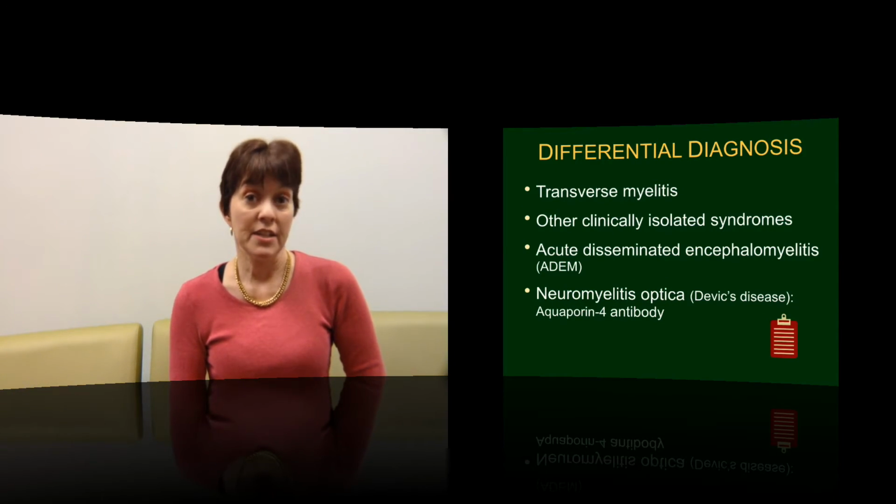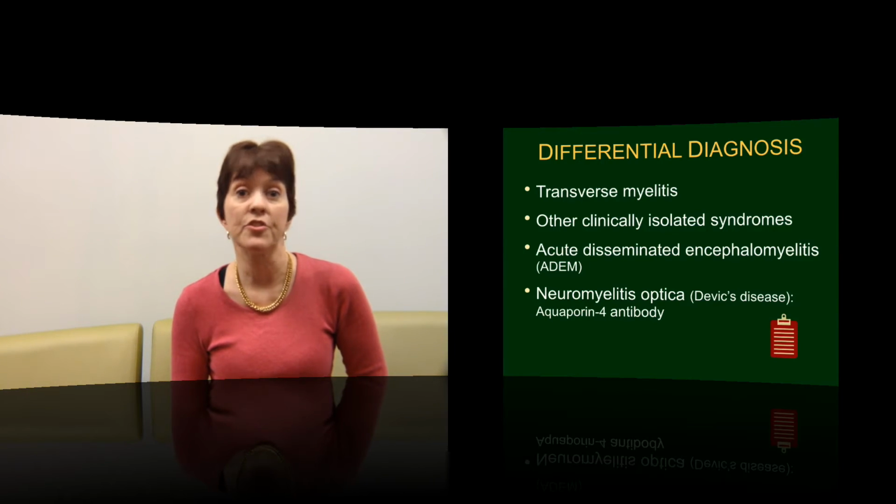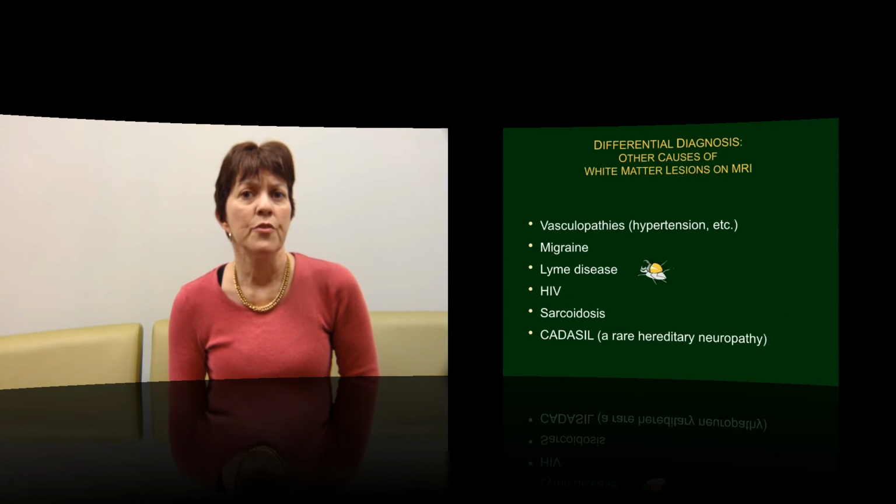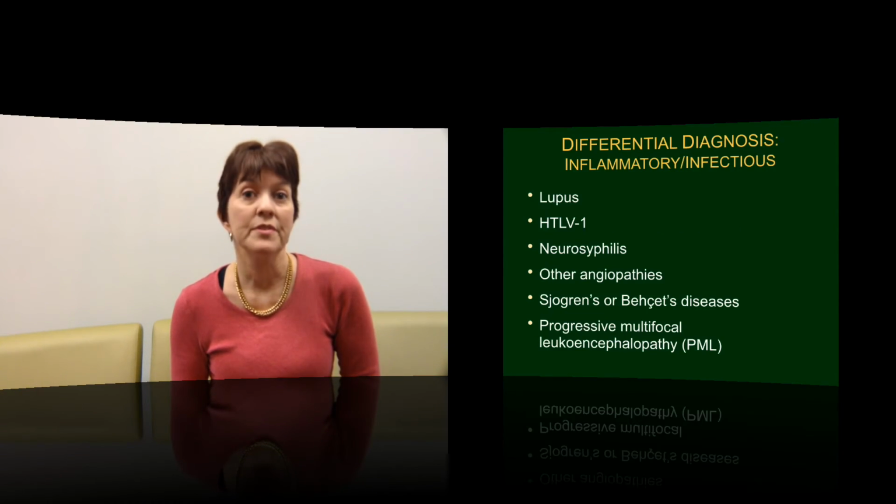The differential diagnosis of MS includes clinically isolated syndromes such as transverse myelitis, optic neuritis, and others, acute disseminated encephalomyelitis, neuromyelitis optica, or Devic's disease. There are a number of other conditions that can cause white matter lesions on MRI, including hypertension, migraine, Lyme disease, HIV, sarcoid, and others.